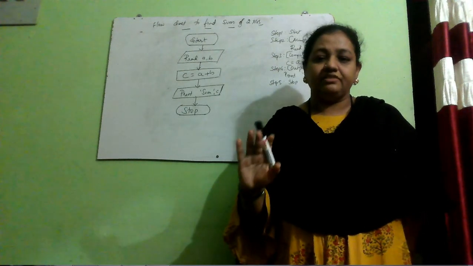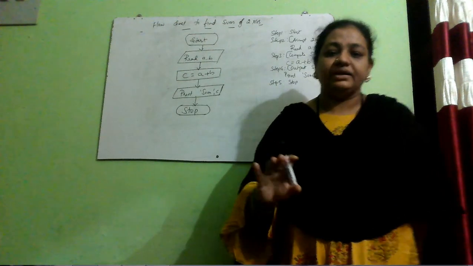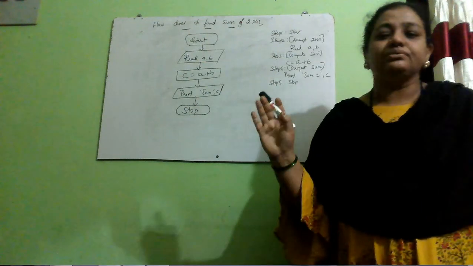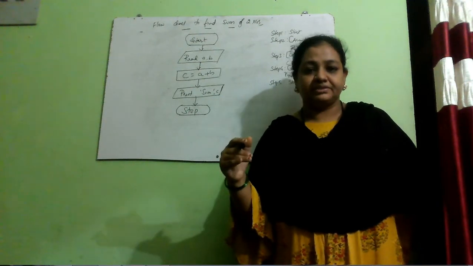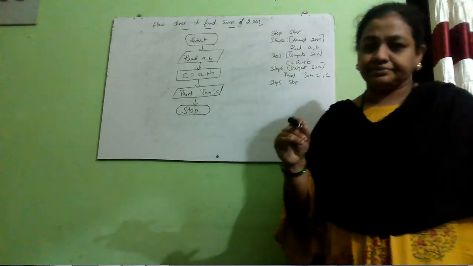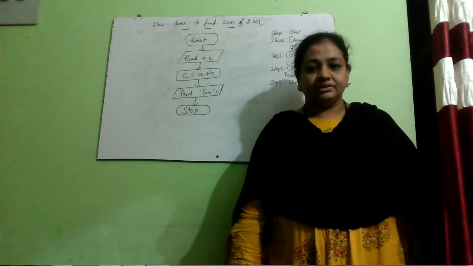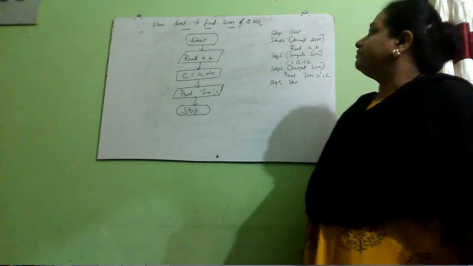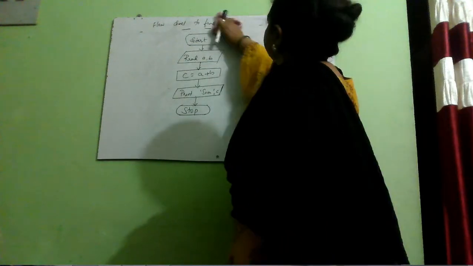So let's write a parallelogram to print the sum. The next step is stop. As we know, an ellipse can be used to represent the stop operation.